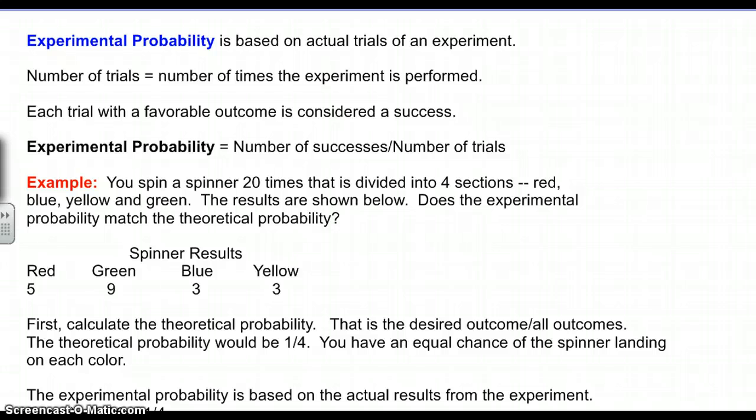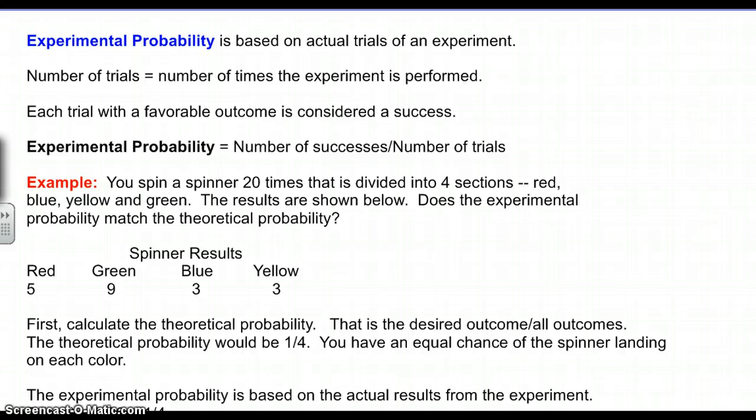Okay, so here are your results. You spun it 20 times. 5 times you got red, 9 times you got green, 3 times you got blue, and 3 times you got yellow. Well, first let's calculate the theoretical probability, and that's the desired outcome divided by all the outcomes. The theoretical probability would be 1 over 4, and it should be 1 over 4 for each one.